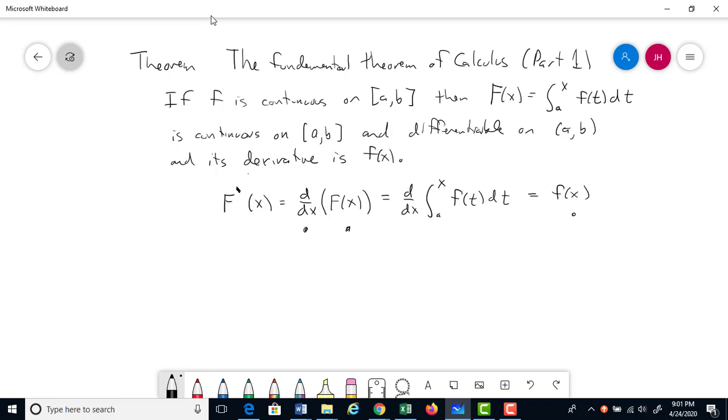Really what we're showing is, let's do it the other way. If I have capital F of x here and little f of x here, this way is the derivative with respect to x, and this way is the antiderivative, so I guess the integral dx.